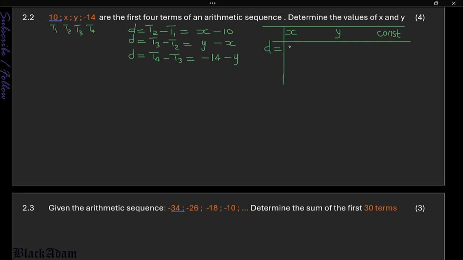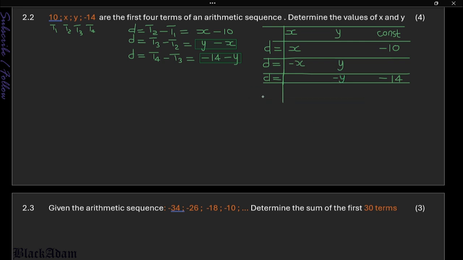The first one would be x minus 10, put them according to the columns, and then we have d on the second term, that is positive y negative x, and then the common difference d again is going to be negative 14 and negative y. Alright, so what we do, we actually add them.